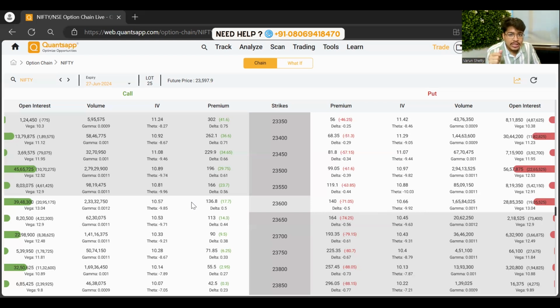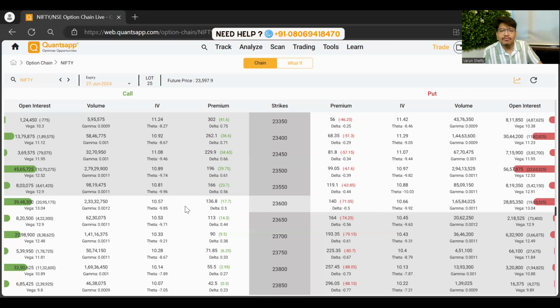This number is subject to change, right? As the market keeps on changing, the market's momentum keeps on shifting. This number is subject to increase or decrease. Okay, if the market's momentum suddenly drops, then this number will drop. If the market's momentum rises, then this number will rise. All right. So based on implied volatility, let's say if implied volatility moves from 10.57 to 11.57 for this particular option, what will happen to its premium?